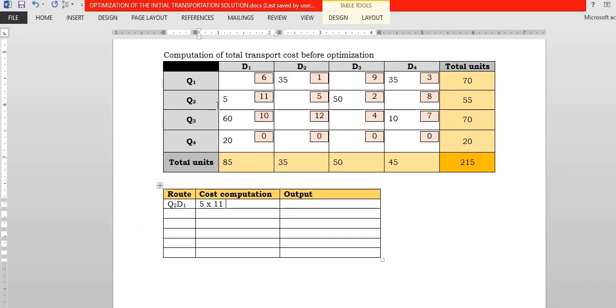Next we have Q3D1, which is 60 times 10. Then from there we have Q4D1, which is 20 times 0. Then we have Q1D2.